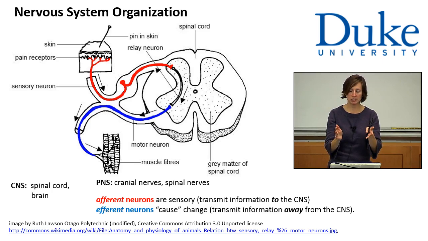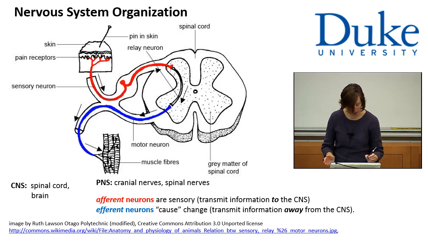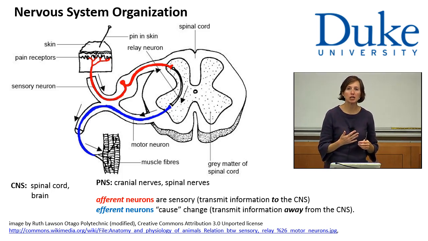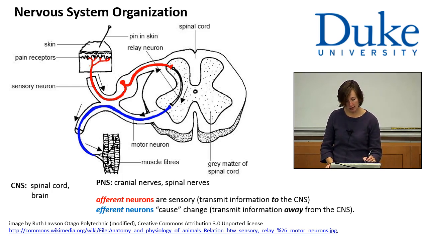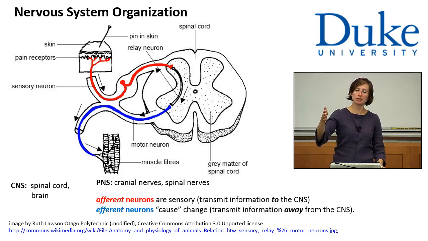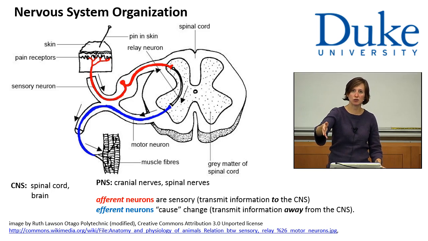I always remember afferent as coming into, and it starts with A, so that's the first part of the nervous system. That's what's shown in red here, where a touch receptor is sensing this pin in the skin and sending that signal into the spinal cord. So the afferent part feeds into the central nervous system.